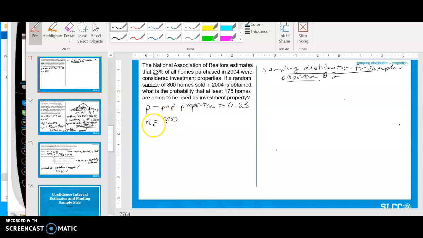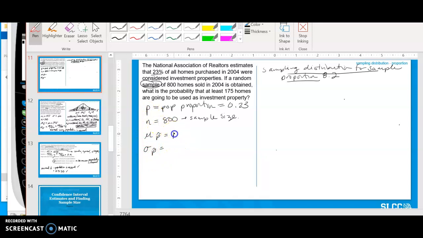That's my sample size. Because I have a sample, I need to find the mean of my sample proportions and the standard deviation of my sample proportions, because if I had chosen a different 800 homes, I would have had a different sample proportion.